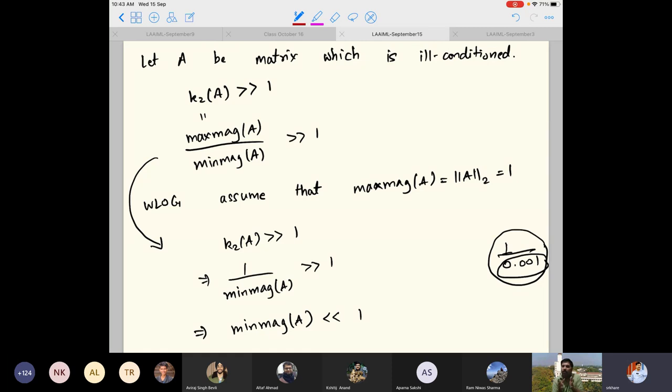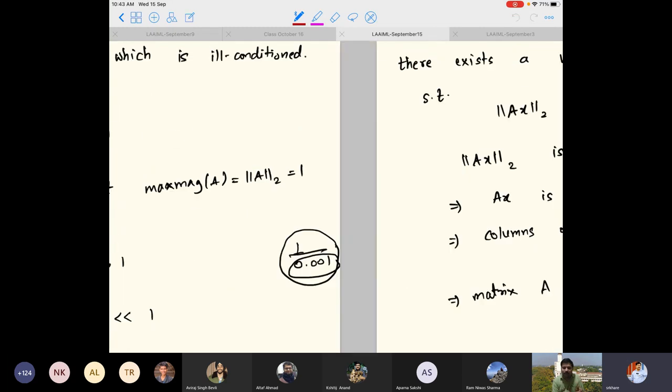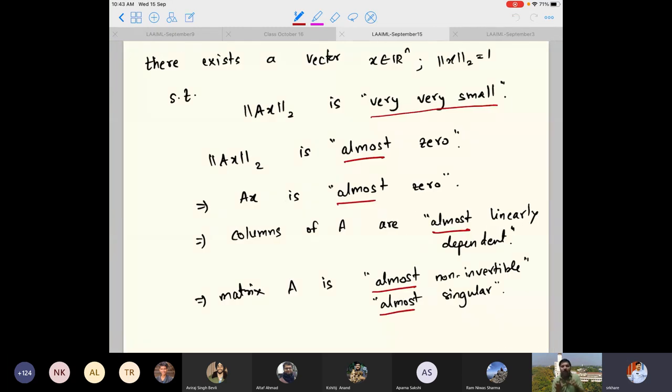Then you are talking of condition ratios in the regression course most probably. One of those condition ratios is actually the condition number of the matrix A. That condition number really decides: can you say that the columns are almost linearly dependent? If you can say columns are almost linearly dependent, then your job is done, right?